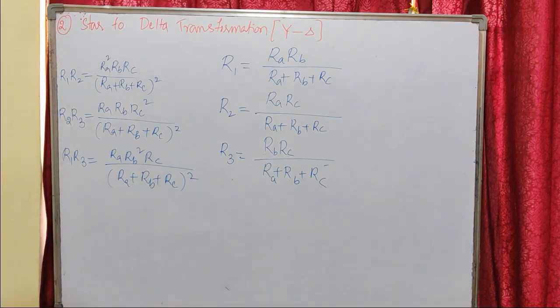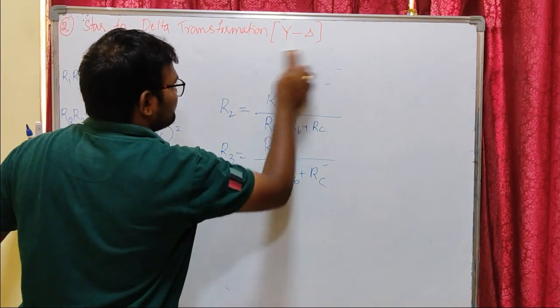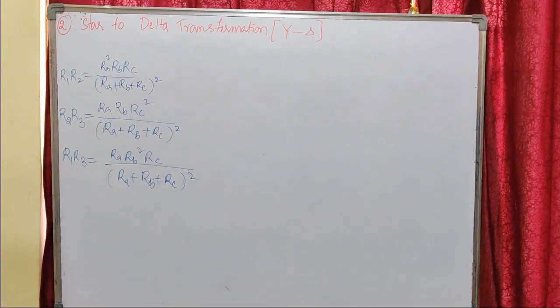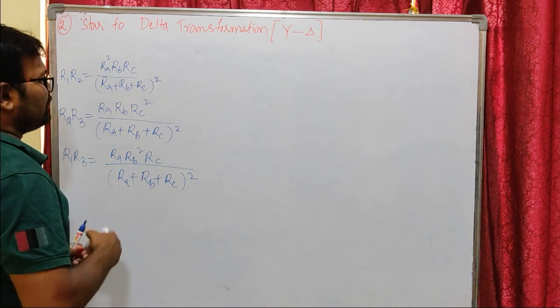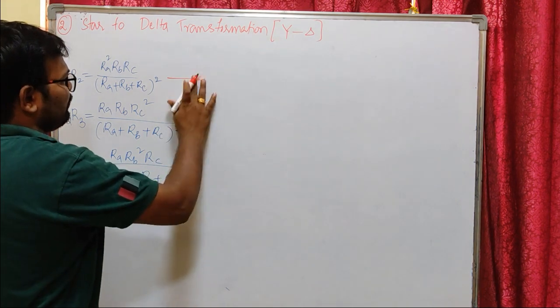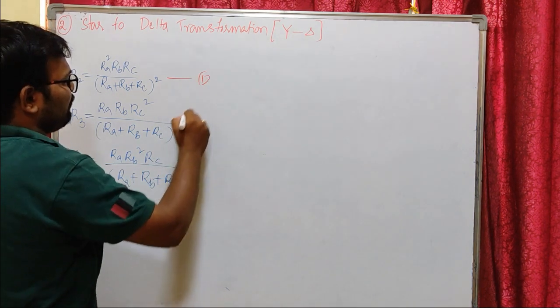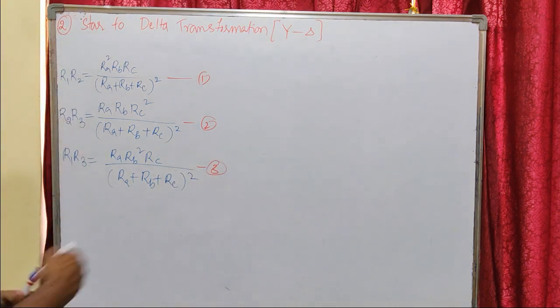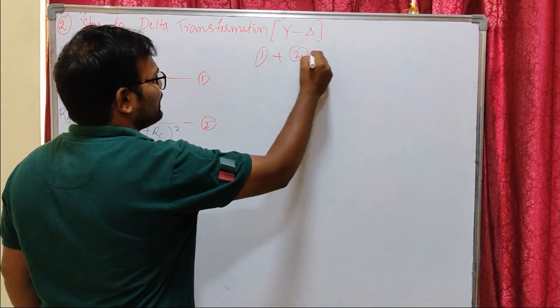So I have multiplied two equations here. Now I am going to add these three equations. Here we have equations 5, 6, 7, right? So let us take 1, 2, 3 for delta to star. So here I am going to add three equations, 1 plus 2 plus 3.